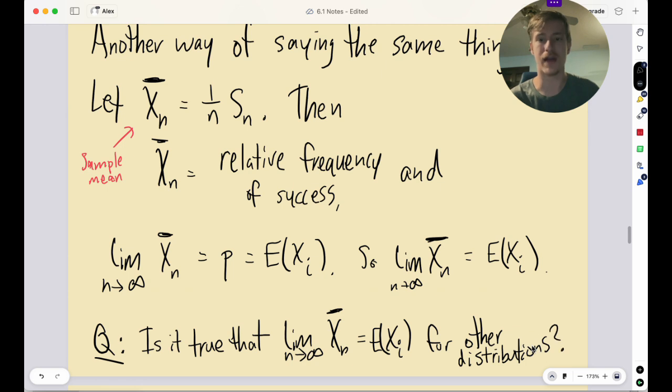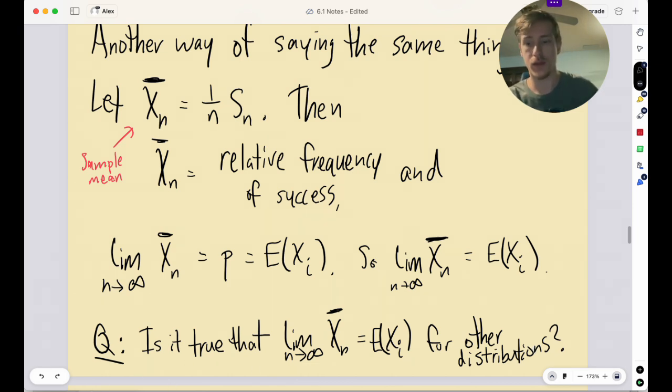Okay, so if xi were normal, if xi were Poisson, does it hold for all of them, or xi maybe binomial? Well, the answer is yes, and I'm going to show you a Python simulation to kind of demonstrate this.